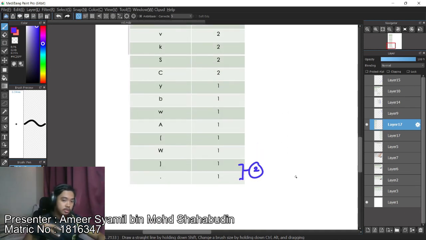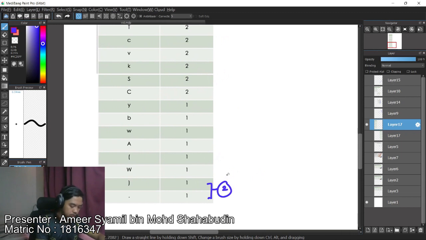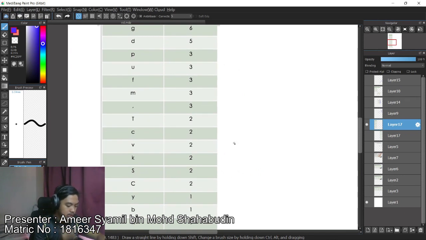We need to rearrange back in decreasing order, because now the table is not in decreasing order: the 2 is obviously bigger than the 1 above it. So how do we rearrange? The node's total frequency is 2, so we need to put the node below the higher frequency. For example, the higher frequency available now is 3, because 3 is higher than 2.